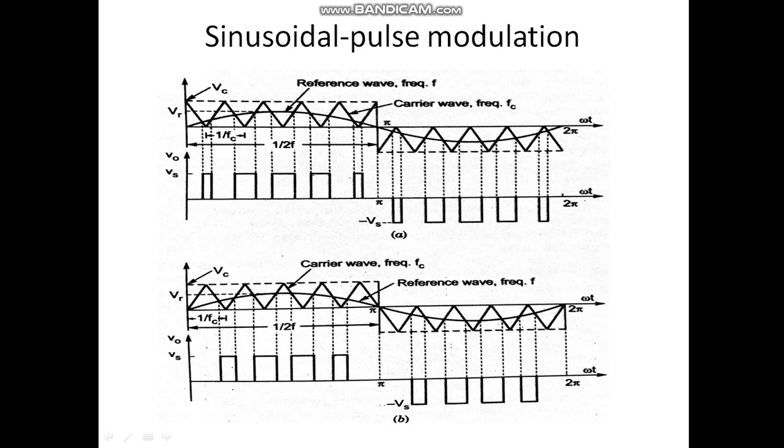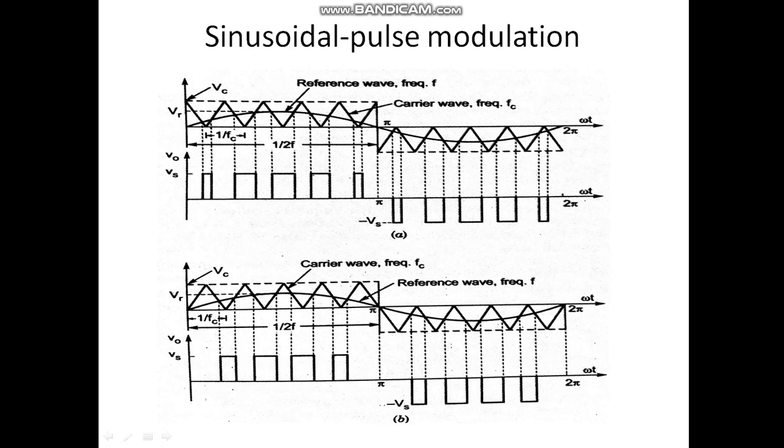Here the reference wave is sinusoidal. The intersection of the VC and VR waves determines the switching instants and commutation of the modulated pulses. VC is the peak value of the triangular wave, and VR that of the reference or modulated signal.